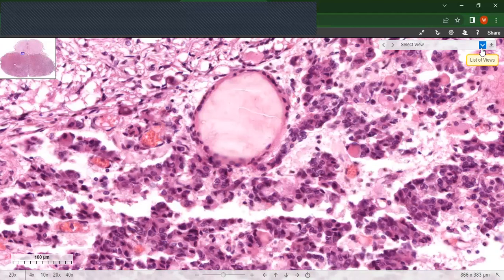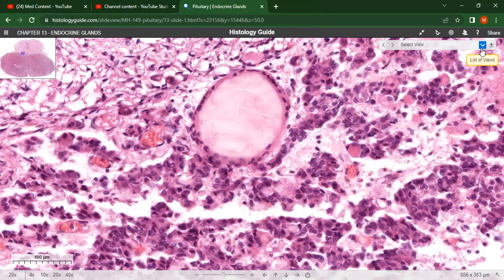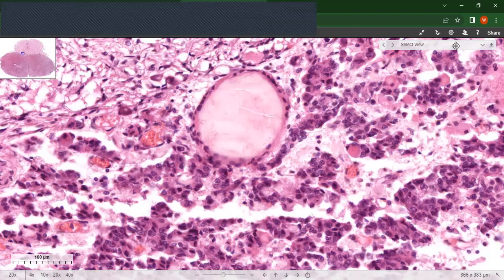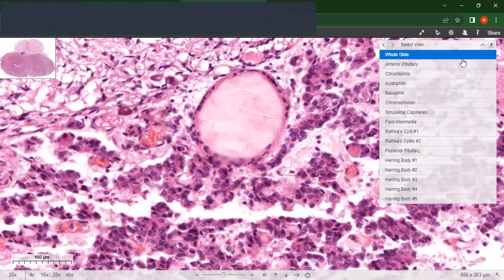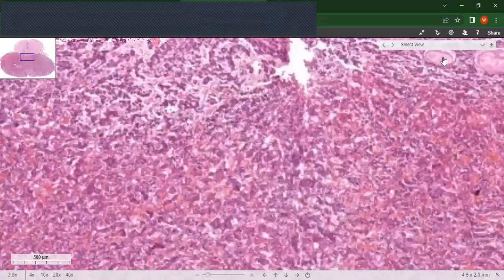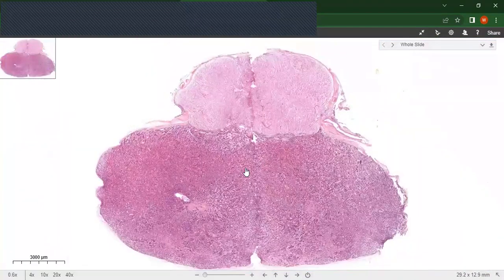The pars distalis is located anterior to the intraglandular cleft. Our slide is a transverse section, so it cannot show you the position of the intraglandular cleft.